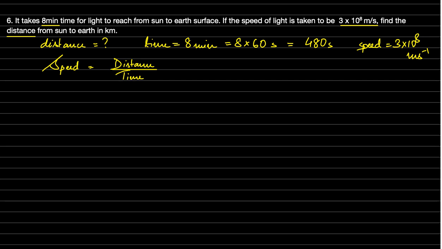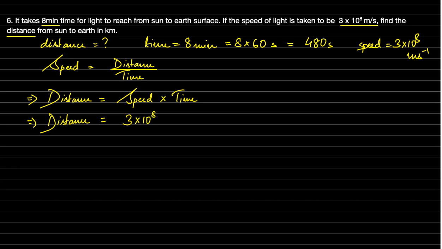So from this formula, since we need to find distance, distance will be equal to speed into time. So we can write distance is equal to speed, 3 into 10 to the power of 8, into time, 480.